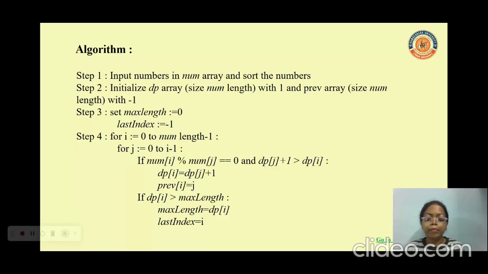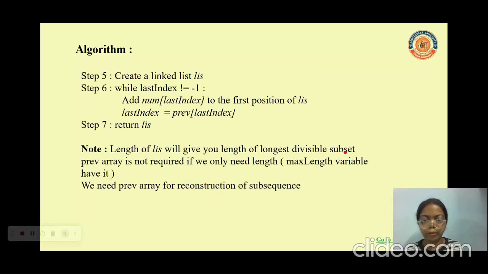So it is really difficult to know which number will get divided by which number. To make things easier, we sort these numbers. This is the only difference between the algorithm which we have seen previously and this algorithm. And these steps, the reconstruction steps, are exactly the same as previous.